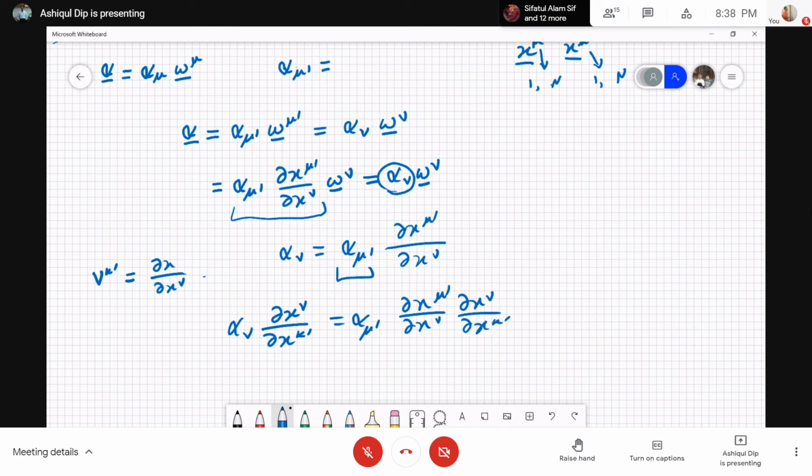We just multiplied both sides by the same thing. Here, as you can see, these two things are the same, so the chain rule applies: ∂x^μ′ by ∂x^κ′.